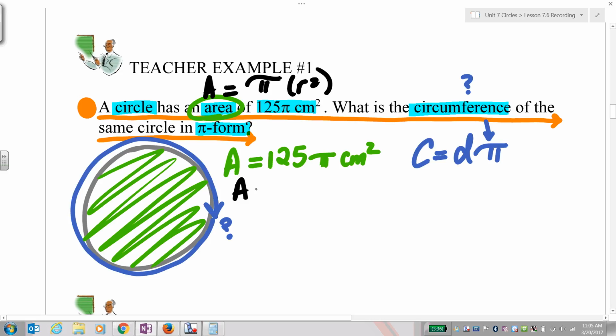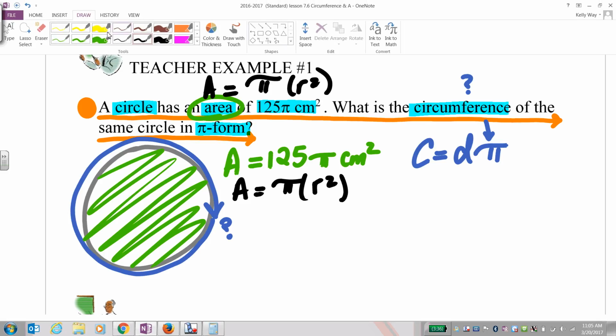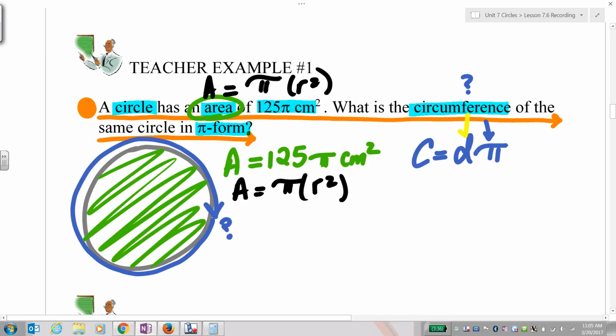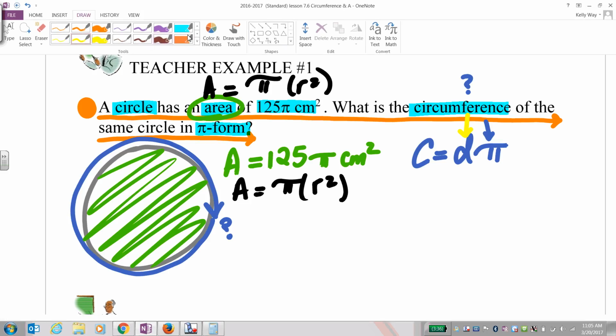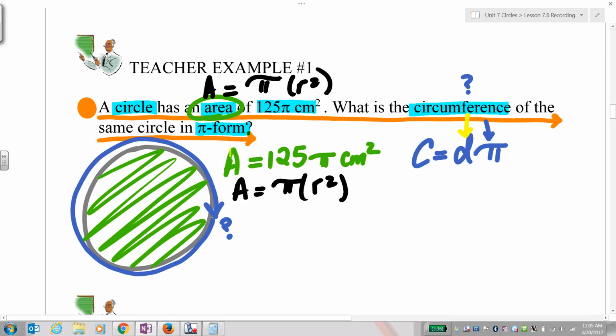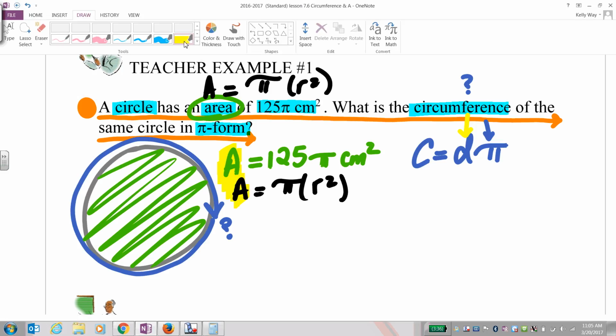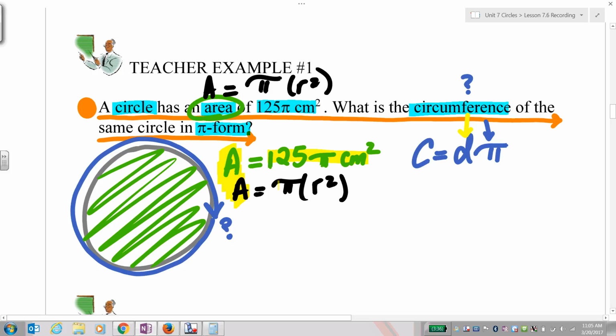So right underneath, the only thing we need for circumference is the diameter. Problem is we haven't been given the diameter. So let's see what we can do.